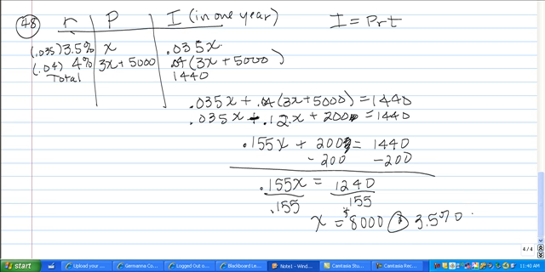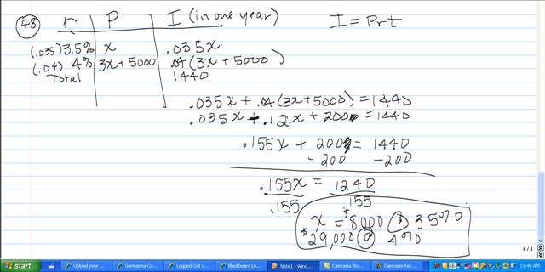And that means she had 3 times that, which would be 24 plus 5, so $29,000 at 4%. And that comes from sticking the 8,000 into the equation we have here, or the expression I should say we have there.